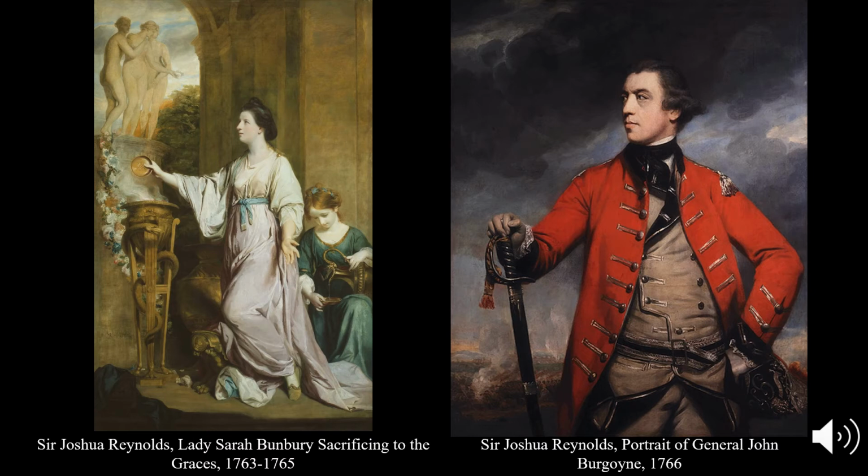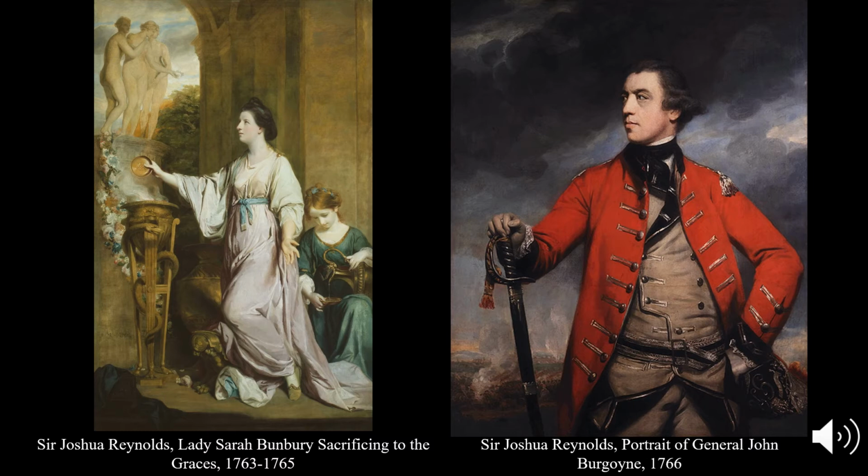So Reynolds dresses them up in costumes from mythology or history, as goddesses or nymphs or Vestal virgins. In this way, he's showing some of their virtues or attributes, but this also puts them at a remove, right?